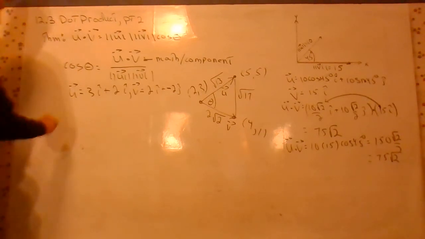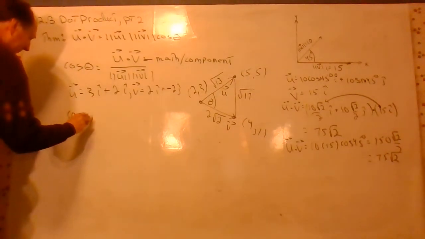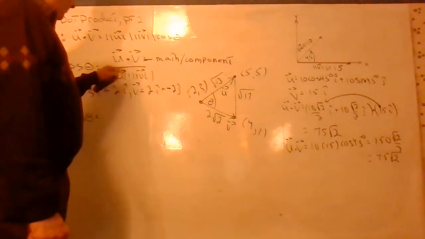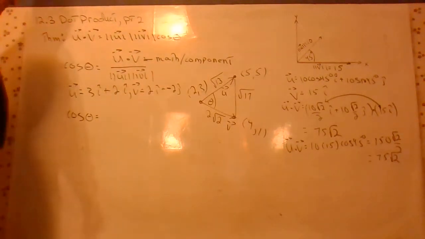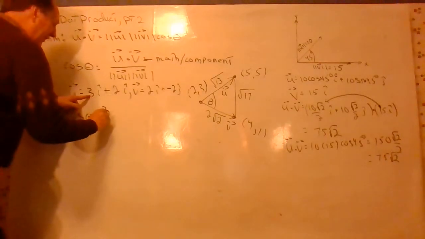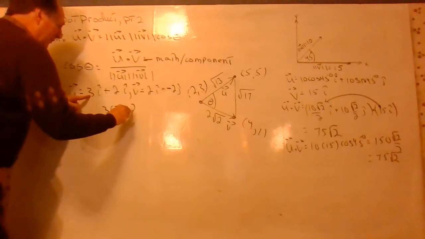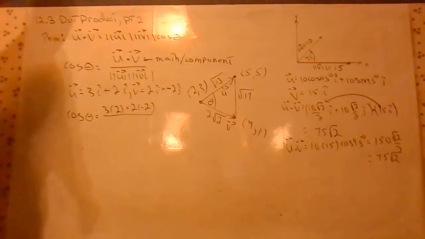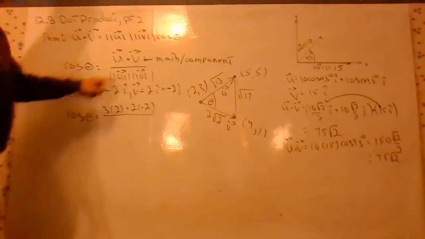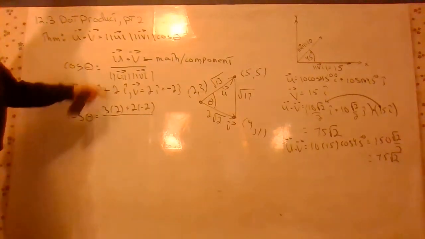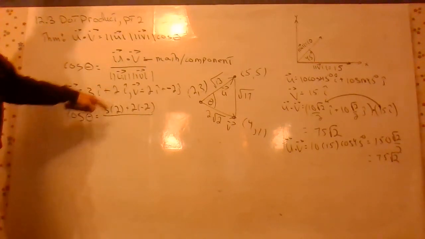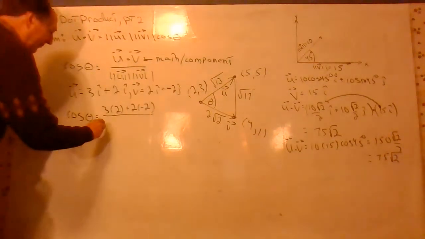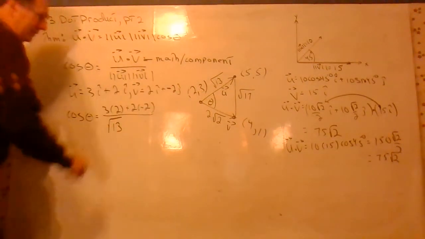Now we want to find cosine theta, and we want u dot v. u dot v is 3 times 2 plus 2 times -2, over the magnitude of u, which is the square root of the sum of the squares: 3 squared and 2 squared is 13. That's this right here, so we have square root of 13.